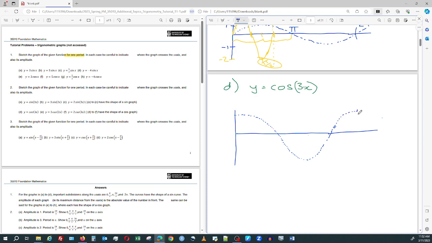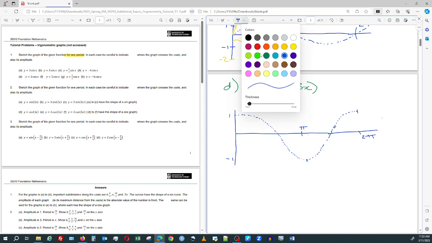There you go. So there's our 2 pi cycle for cos. There's our pi cycle. There's our 1 and our -1.